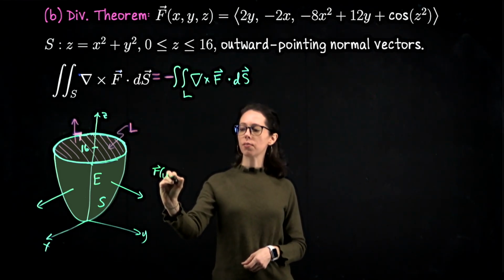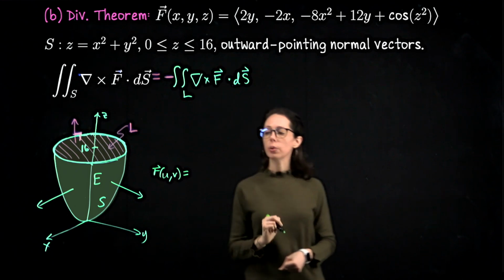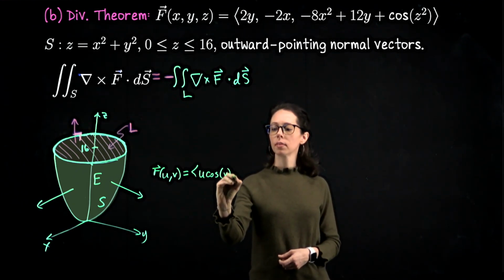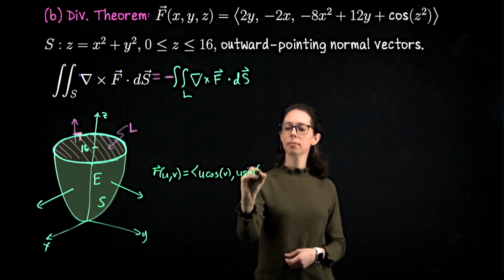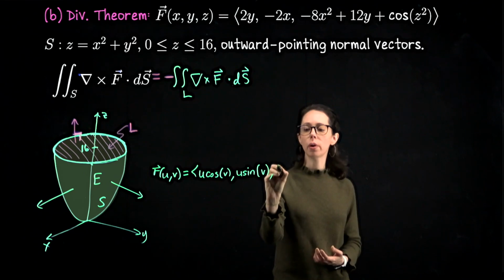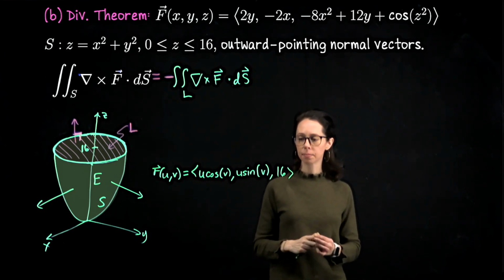The parameterization for L that we should use looks like u cosine of v, u sine of v, and then z is stuck at 16. There's no other choice for z.